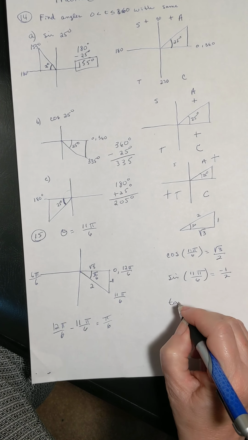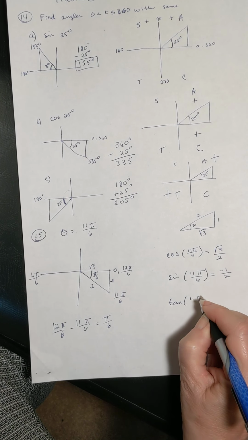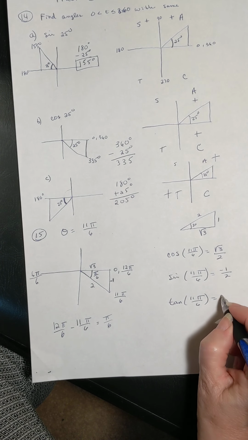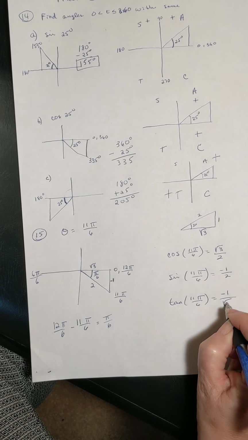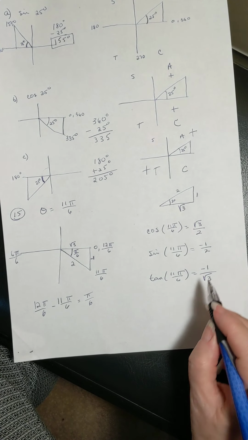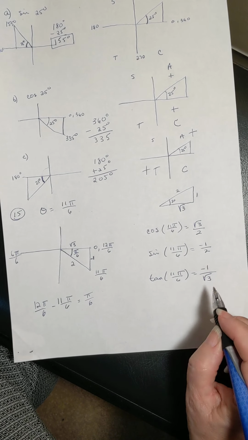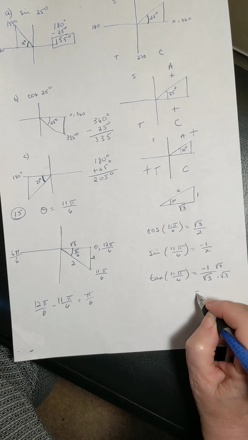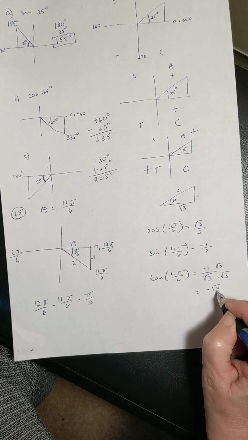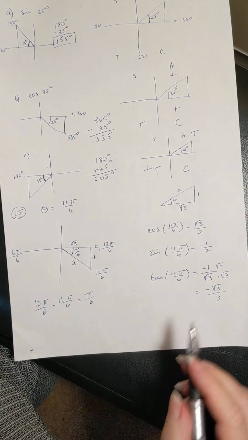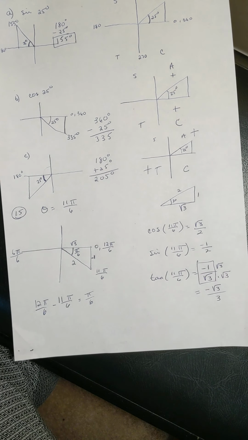And looking at the tangent of 11 pi over 6, it would be opposite over adjacent, negative 1 over the square root of 3. And then, of course, if I want to rationalize that, I can. You don't have to, but I would multiply numerator and denominator by the square root of 3. So this would be negative square root of 3 over the square root of 9, which is 3. All right? But you can just leave your answer like this for the tangent.